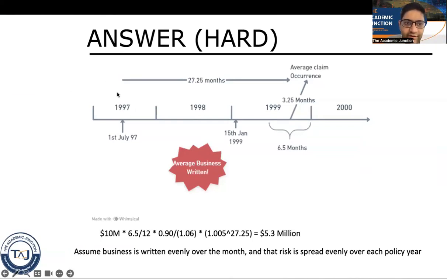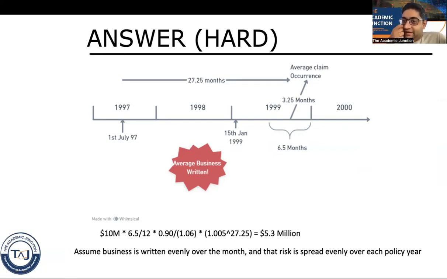However, as at 30th June 1999, there will be 6.5 months of unexpired risk remaining. Correct. The mid period of that is what you have to explore, because claims are going to come in the middle of that unexpired risk period.